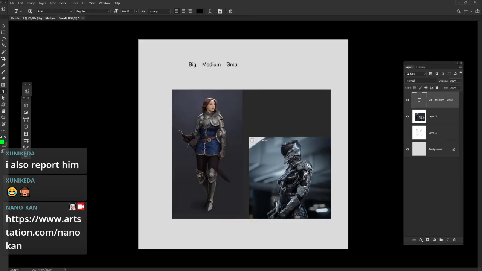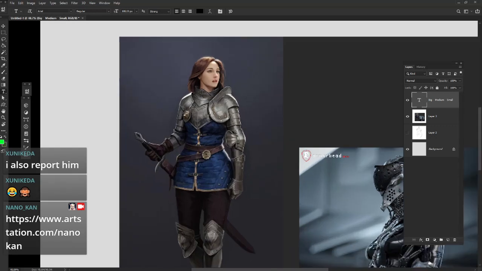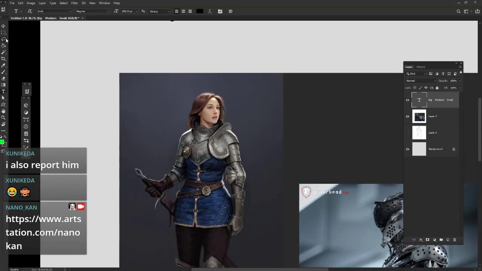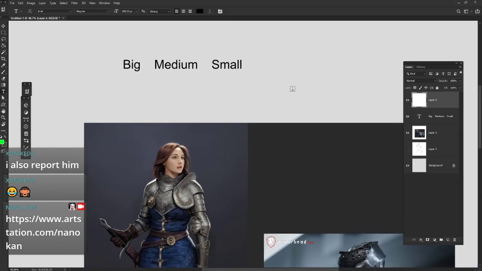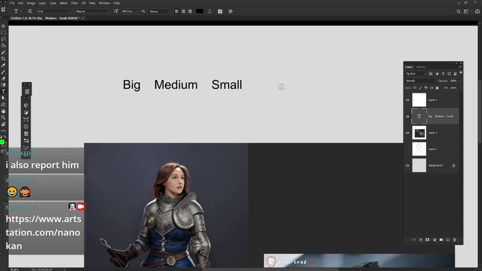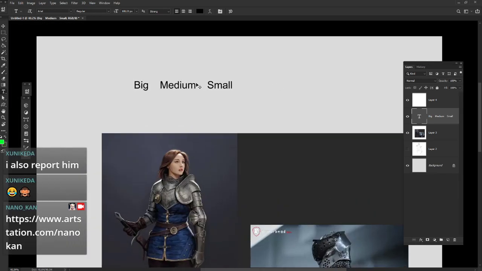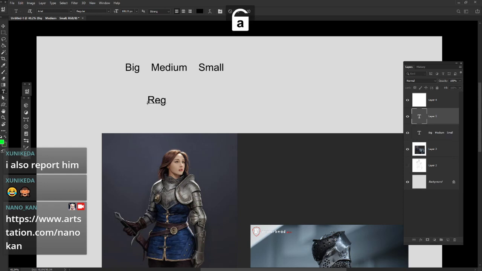I want to understand, for example, this cloth part or this armor type of part. I make it as simple as possible to study those shapes, which is I need to recognize it. Recognition. Okay.